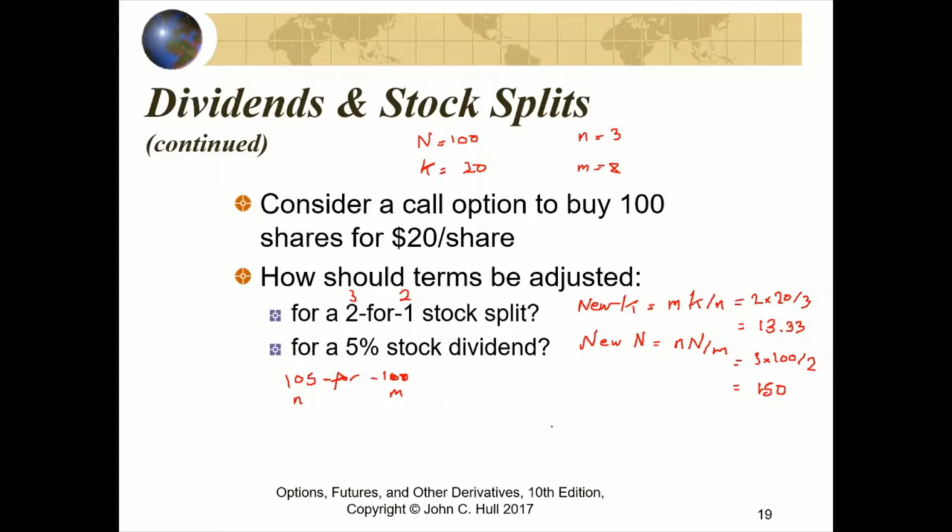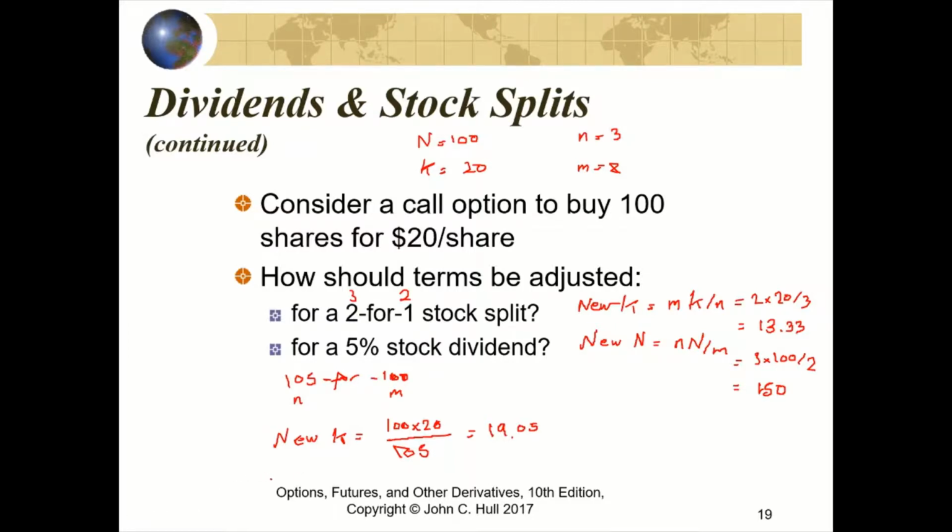In the second case, the new K is equal to 100 times 20 divided by 105, and this will give us 19.05.